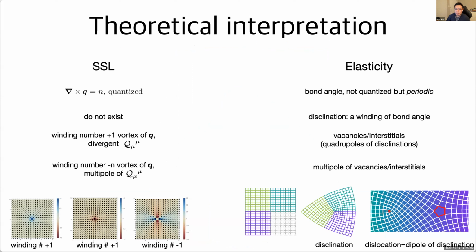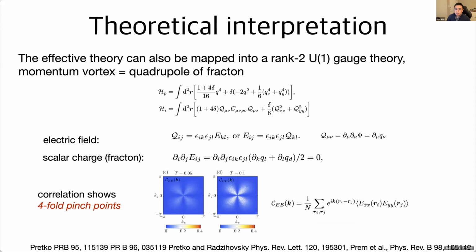Finally, I just want to quickly mention that we do understand the effective theory that describes these vortices and anti-vortices. It turns out that it is similar to elasticity, where vortices and anti-vortices are similar to adding extra atoms in your lattice or taking away some atoms. Another way to understand it is to link it to the so-called rank 2 U1 theory.